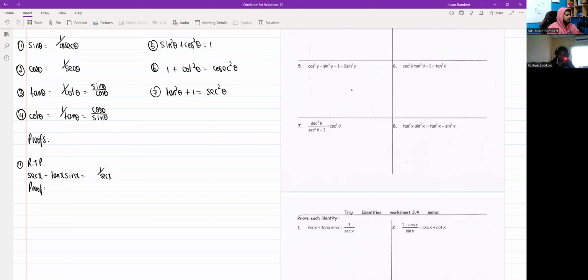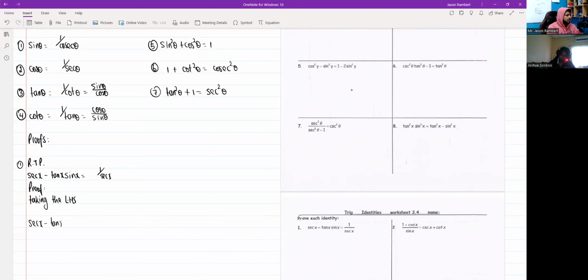Now, in this case, by observation, which one is the quote unquote more complicated side? The left-hand side. So we start the proof by taking the left-hand side. You can say take the left-hand side or taking the left-hand side. We have sec x minus tan x sin x.